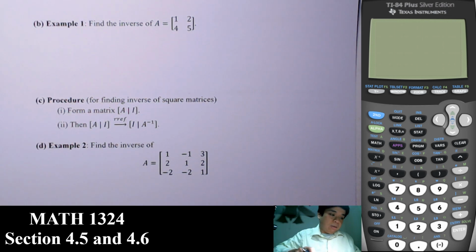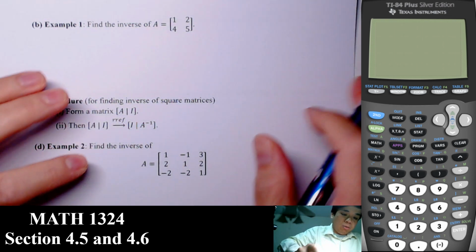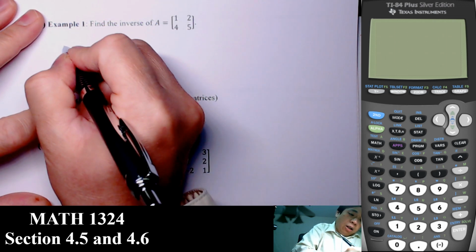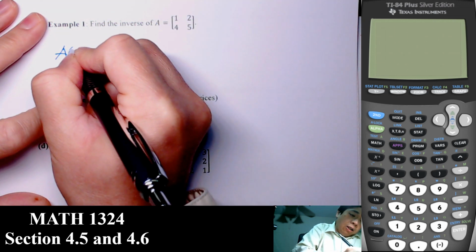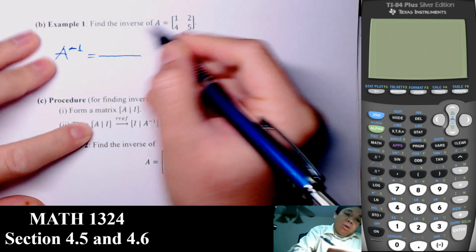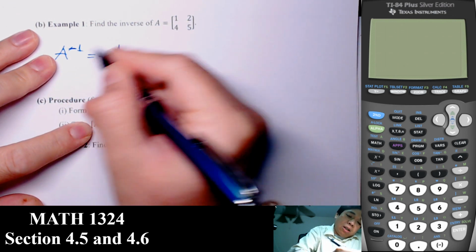Let's use that formula to find the inverse of a 2 by 2 matrix. First thing, the inverse is going to be 1 over AD minus BC.